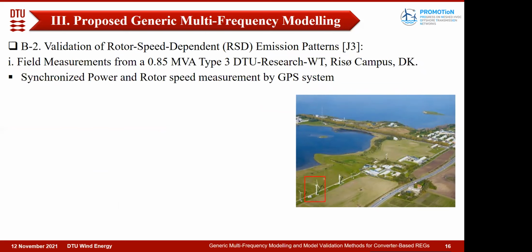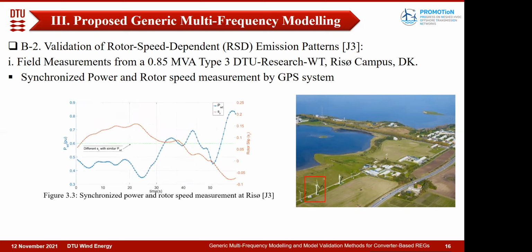First, we studied the emissions and found rotor speed dependent emissions using the field measurements of Risø on the DTU wind turbine. We have synchronized power and rotor speed measurements by GPS system. For example, in this figure, we can look at the output power production together with the rotor speed. We can see that in this range, for identical output power, we observe different rotor speeds.